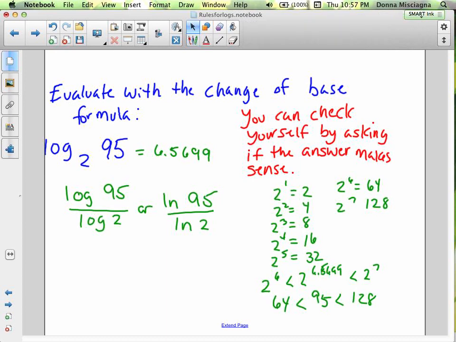So 64 is less than 95 is less than 128, and 2 to the 6.5699 is greater than 6 but less than 7. So our answer makes sense. We should have something in between 6 and 7 because 95 is in between 64 and 128. Let's try another one.